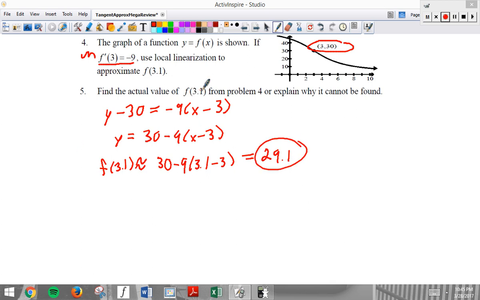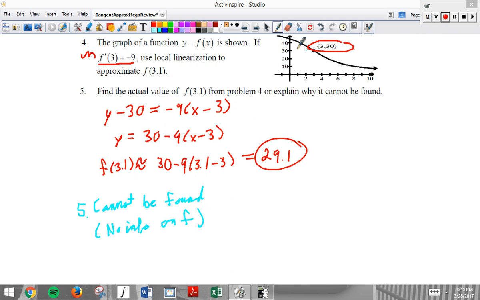Find the actual value of f of 3.1. For 5, it cannot be determined. There's no info on f.